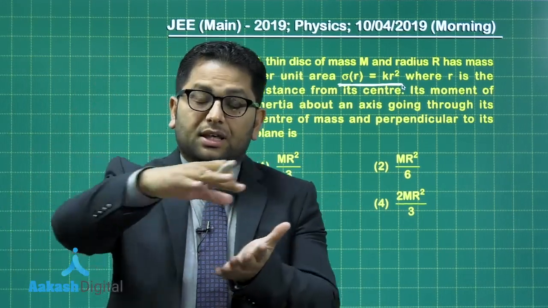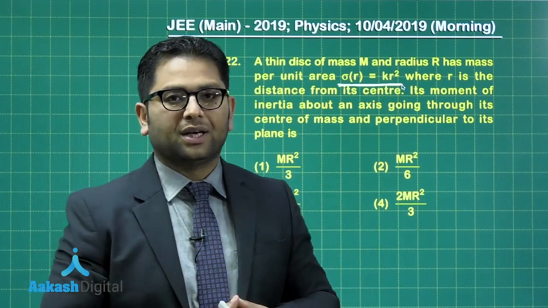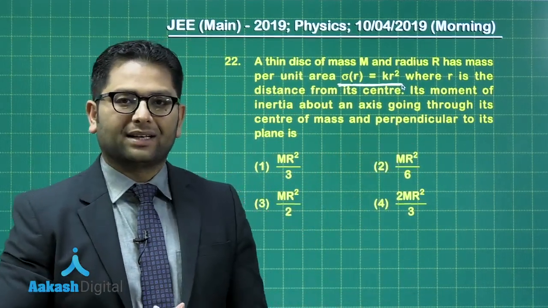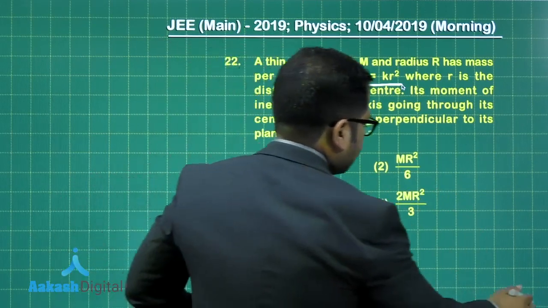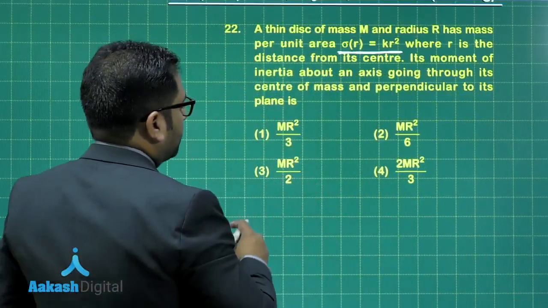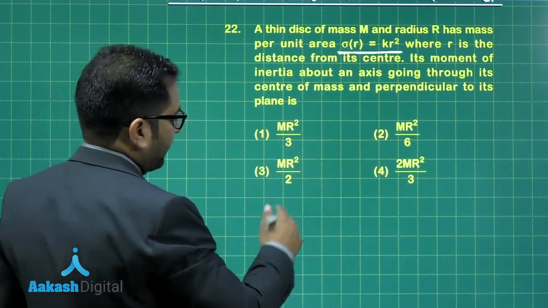If that was a uniform disk, it would have been mr square by 2, but this time it's a non-uniform one. But yes, the variation is there, which is a symmetric one, and you know, the way how we calculate is the ring of increasing radius. So the first thing, if I calculate the moment of inertia, consider an elementary ring.